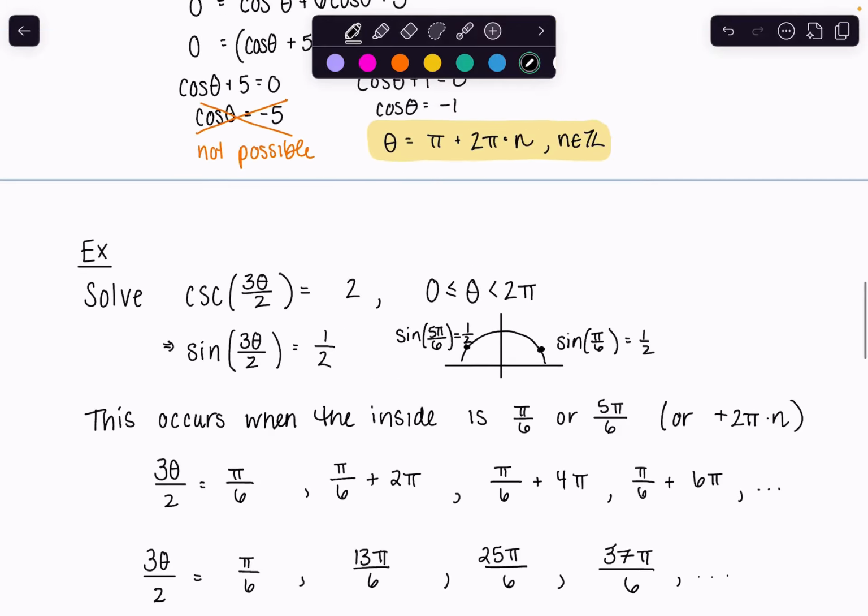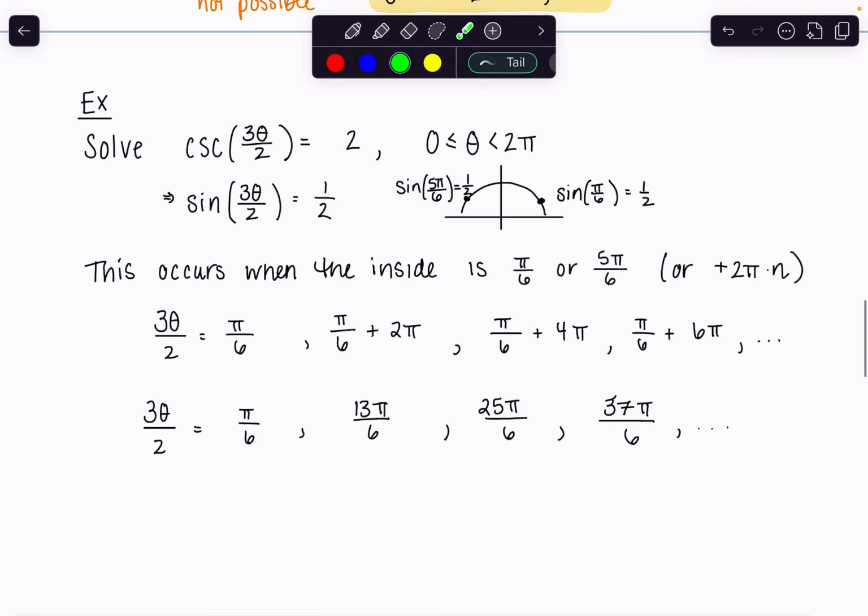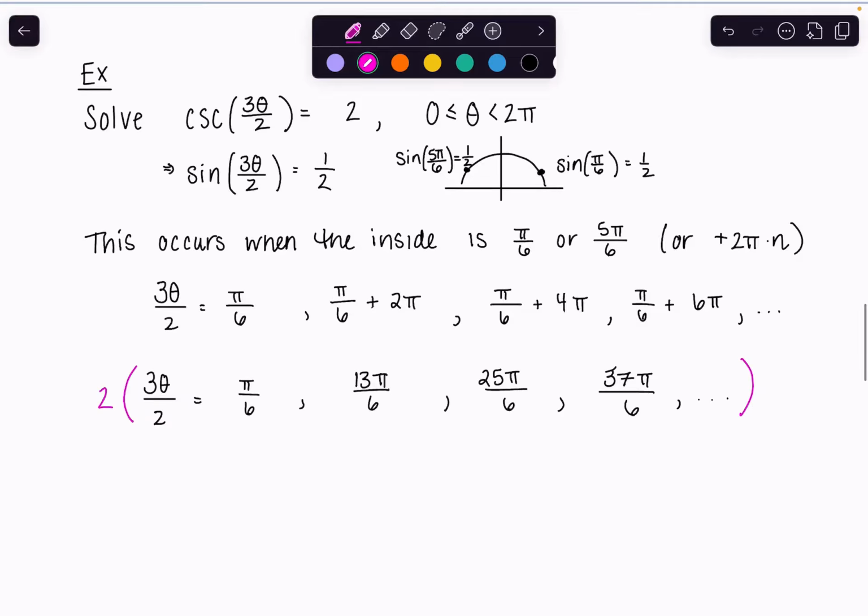So instead of just writing it in this condensed form, all I've done is made it so that I've looked at the first couple, 1 revolution, 2 revolution, 3 revolution. But that's when the inside equals these. My goal is to figure out what theta equals. So I need to go through and solve this for theta. So I'm going to go ahead and I'm going to multiply everything by 2.